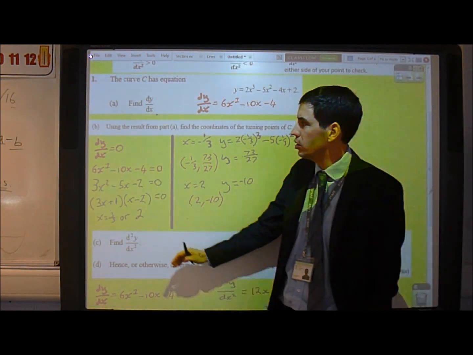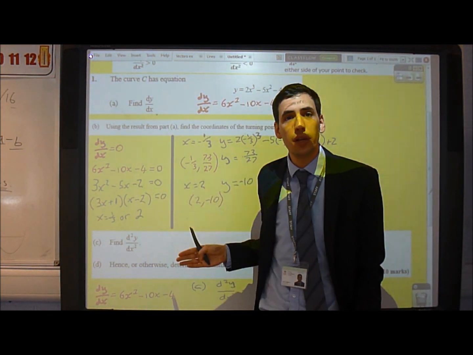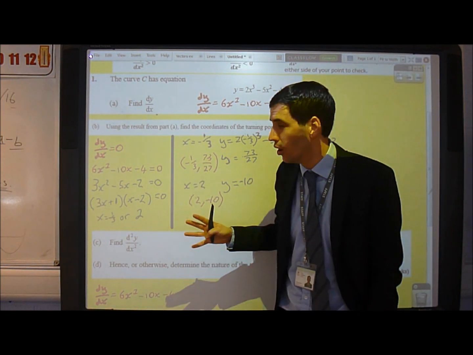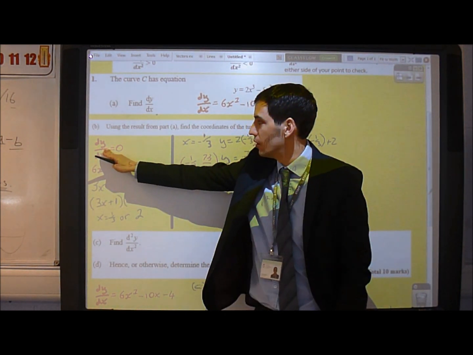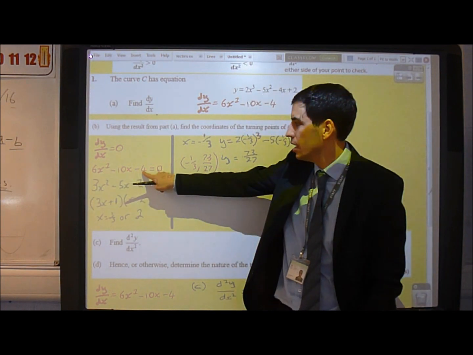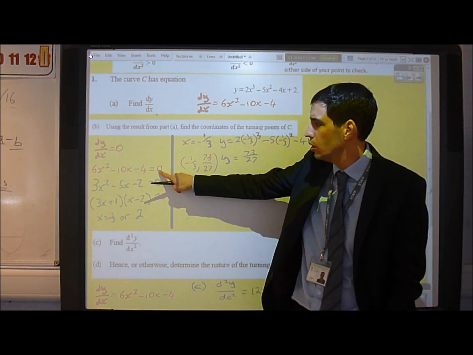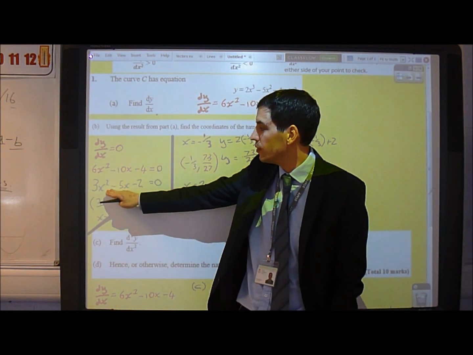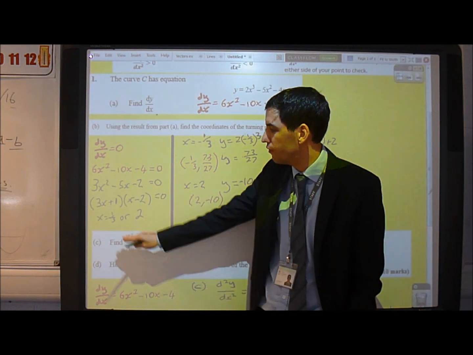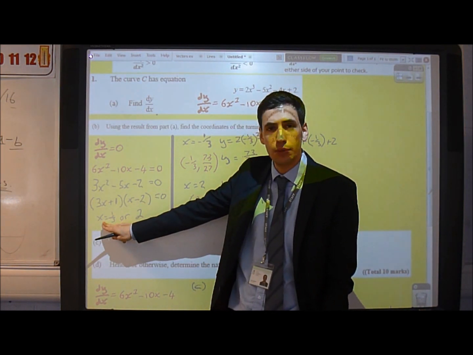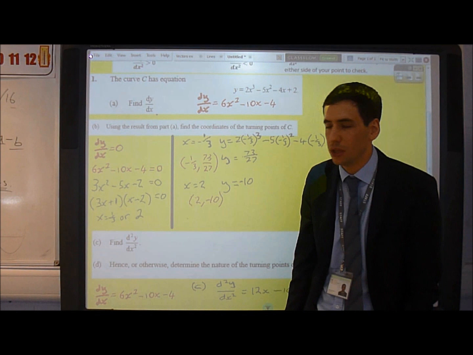So, all I'm going to do is I know that when we have a turning point, that gradient is 0. So dy dx equals 0. So whatever I found it to be, I set that equal to 0 too. I simplified it by dividing by 2. I factorised it and I found my x values. x equals minus a third or x equals 2.